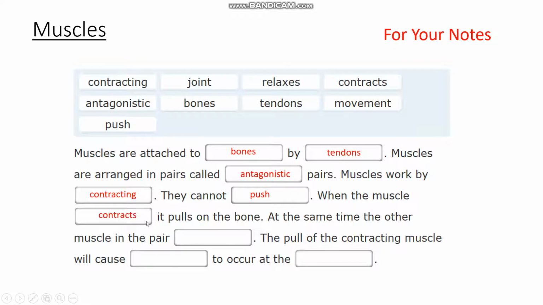When the muscle contracts, it pulls on the bone. At the same time, the other muscle in the pair relaxes. The pull of the contracting muscle will cause movement to occur at the joints. Okay, well done if you got all those correct. If you didn't, can you please make sure that you've got that correct?